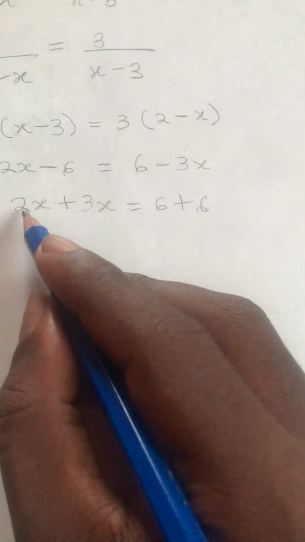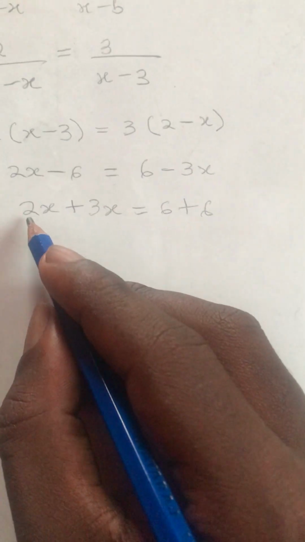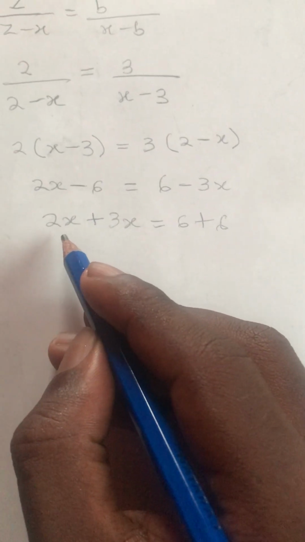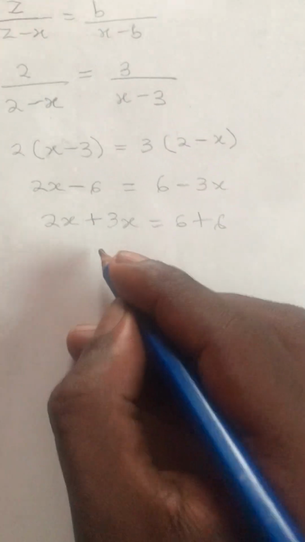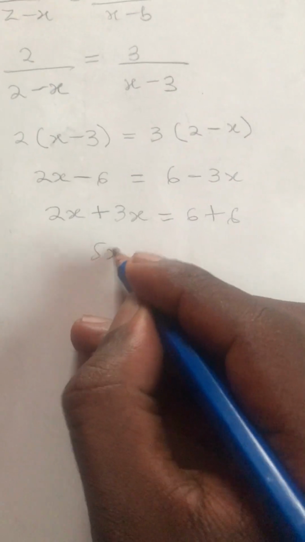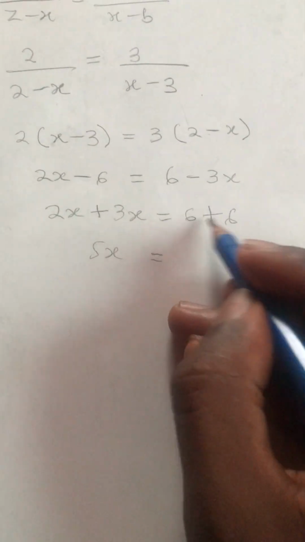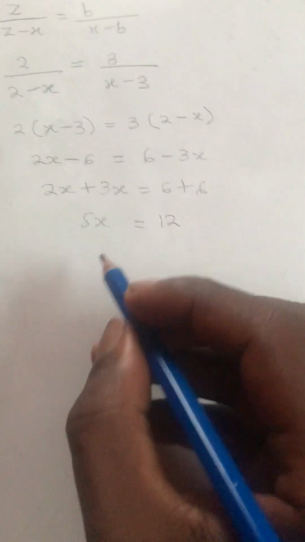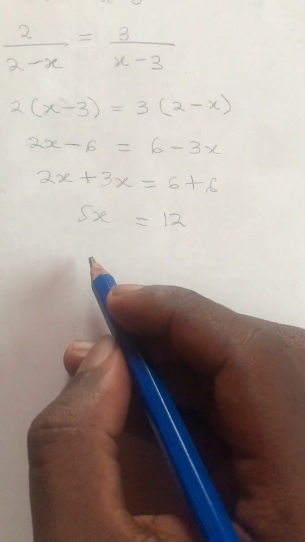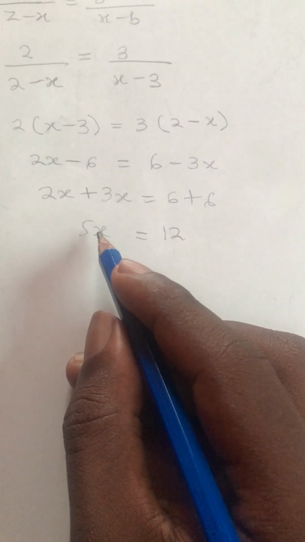Positive 2x plus positive 3x will give us positive 5x, which is equal to 6 plus 6, which will give us 12. So we have our new equation to be 5x equals 12.